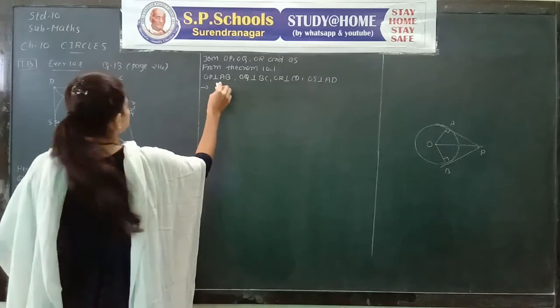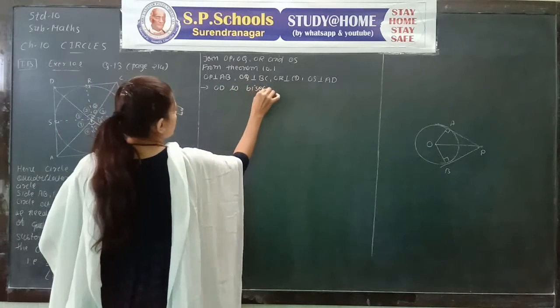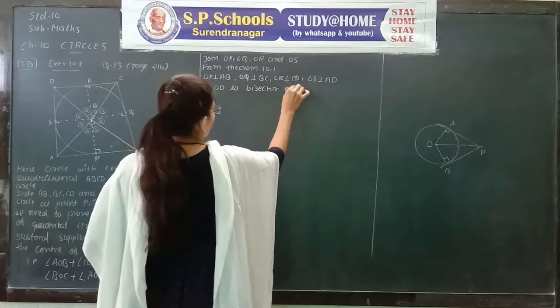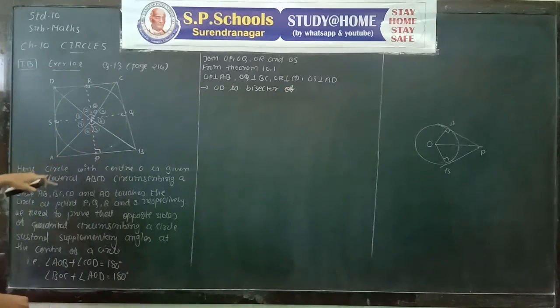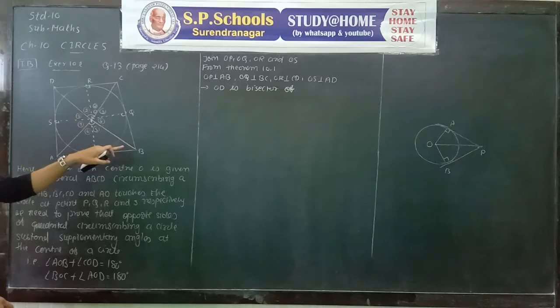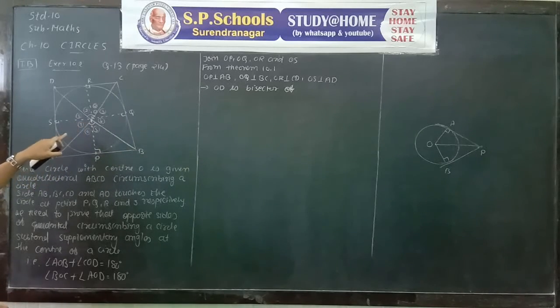OD is the bisector of, from this figure we have to take this one. It is the bisector from the center O. Whenever a point lying outside is joined to the center, it is the bisector of the angle.